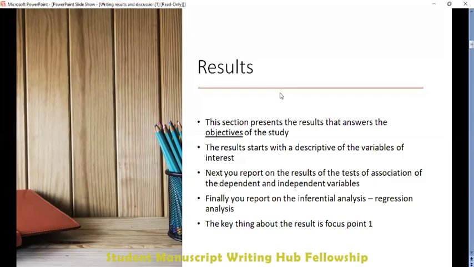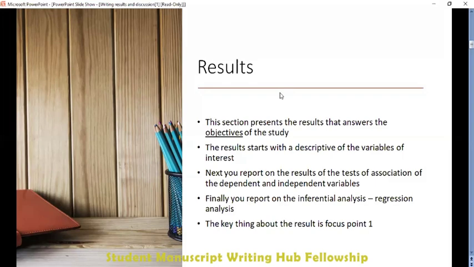Then you want to see how these variables interrelate. That's the next thing you are supposed to do in your results section. How does your dependent variable interact with your independent variable? I'm making an assumption that you understand what these terms mean, because I'm sure we've talked about them in the past, but just to emphasize, your dependent variable is also your outcome variable, while your independent variable is your exposure when you're talking about an observational study, or your predictor when you're doing inferential statistics and the like.